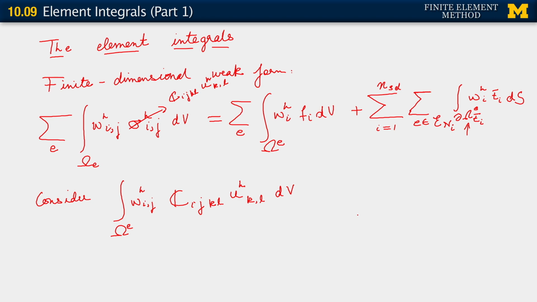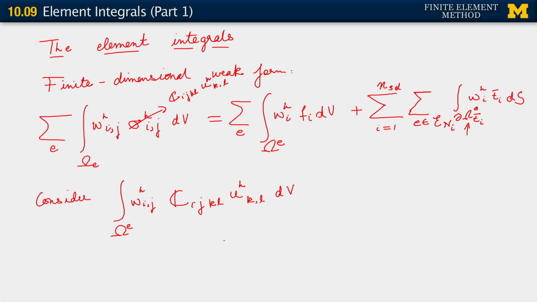Right? Now on a previous slide belonging to the previous segment, we wrote out the expansions for w^h and for the gradient of w^h and for the gradient of u^h. We will now invoke those, right? And in doing so, I'm going to write it here.